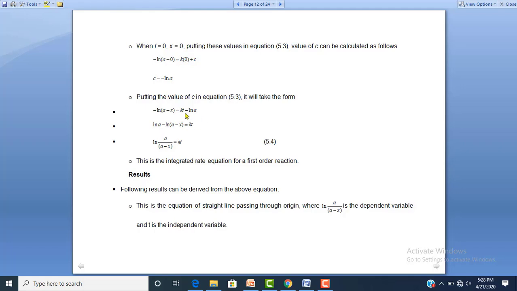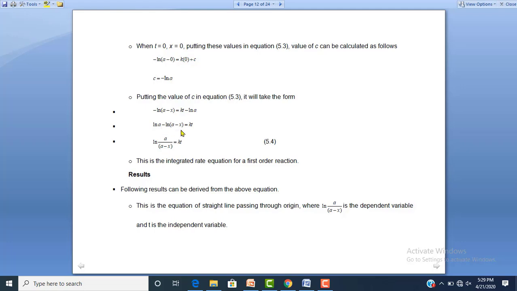So if we rearrange this equation, then natural log a minus natural log a minus x will be equal to kt. k is the rate constant and t is the time. So kt will be equal to, according to the rules of the logarithm, if we have log m minus log n, then we will write log m over n.